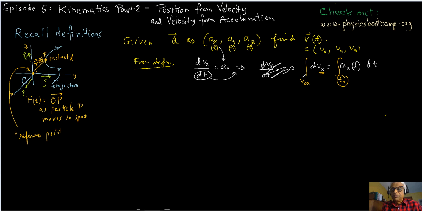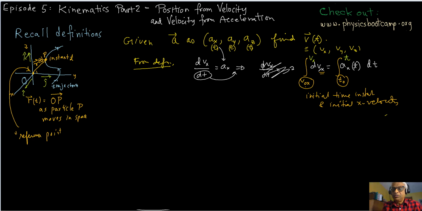So I choose some initial time instant and initial x velocity, or x component of velocity. And we can leave the upper limit as an arbitrary time t, and at that time vx is going to be the velocity vx, which will become a function of t because this t is arbitrary.